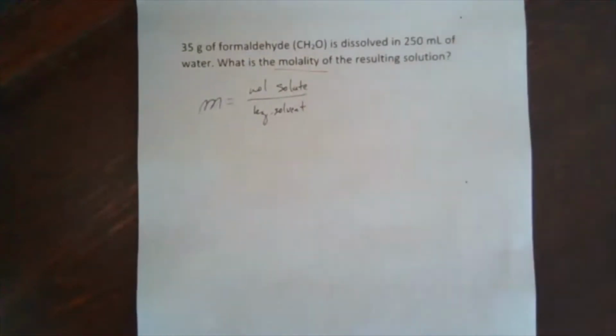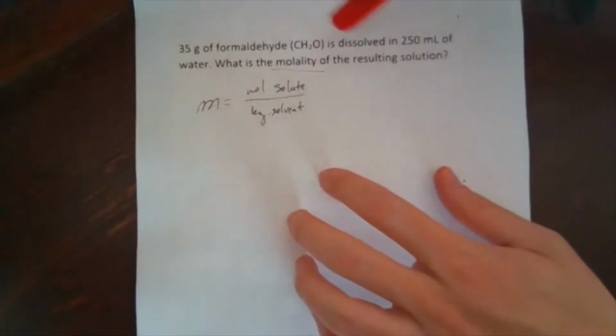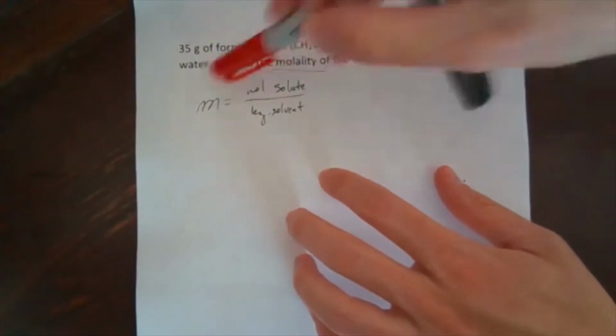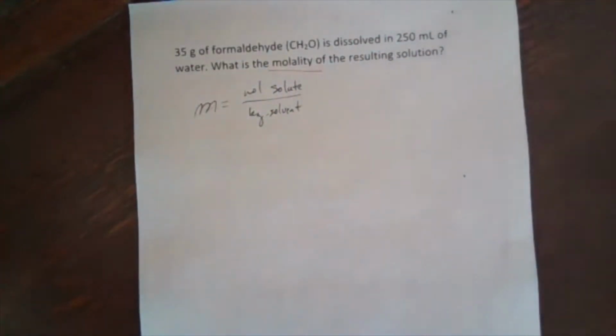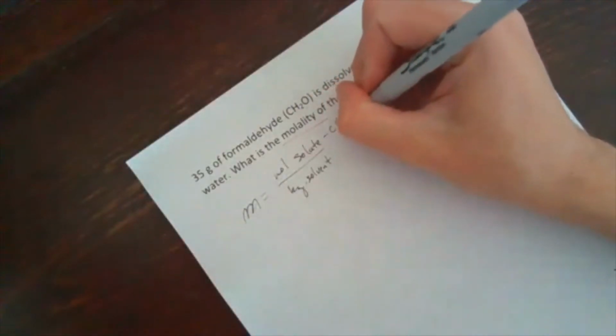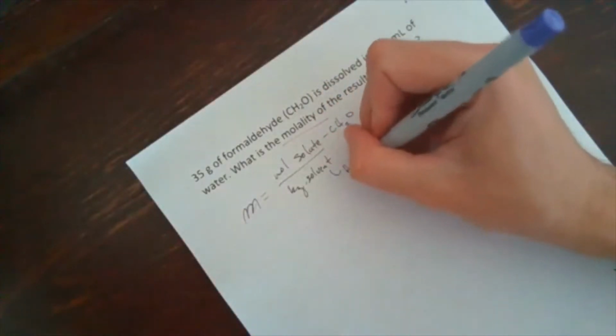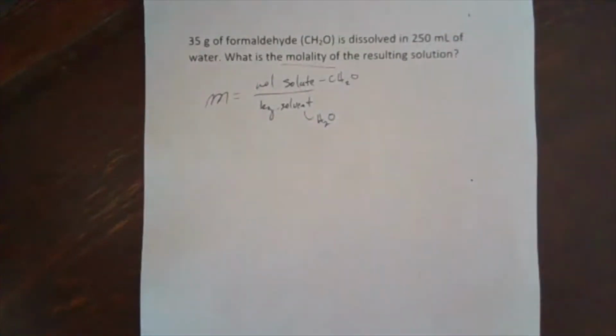Importantly, it is kilograms of solvent. We need to figure out what's our solute and what's our solvent. There's no solution amount overall. Because 35 grams of formaldehyde is dissolved in water, our solute is CH2O, and our solvent is H2O.